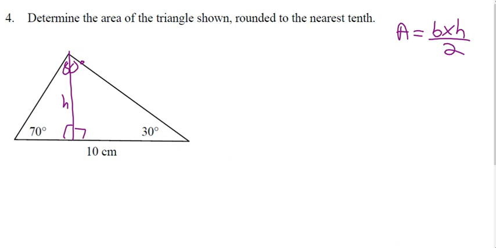Okay, which side would you like to find? Opposite of the 30 or opposite of the 70? So let's call this A, B, C. This is little a. This is b. This is c. What do you want to find?